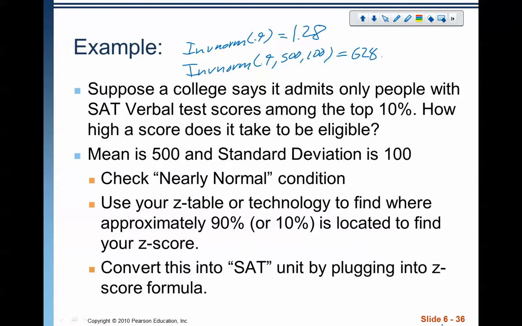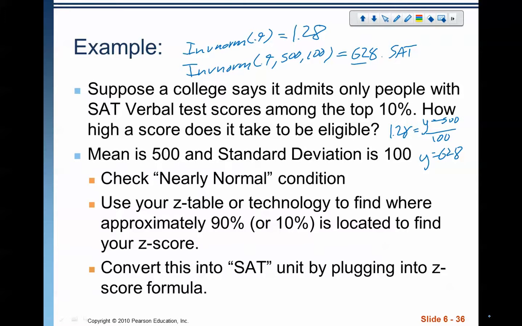It's not your z-score. It's your SAT score. And some of you even went a step further and said, well, if I had 1.28 and I did my z-score formula, let's find y minus 500 over 100. If you solved this equation, you found that y equals 628.